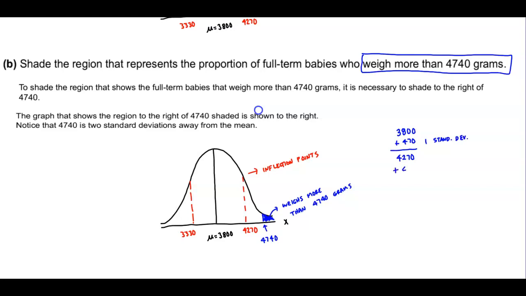And then if we add another 470, we get 4,740. So therefore, this is 2 standard deviations away from the mean.